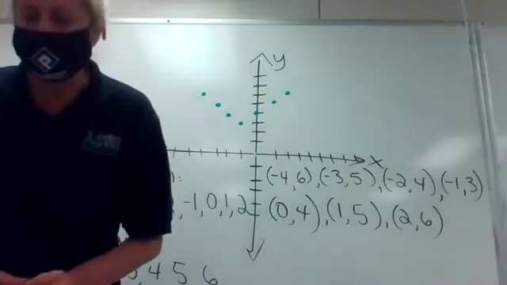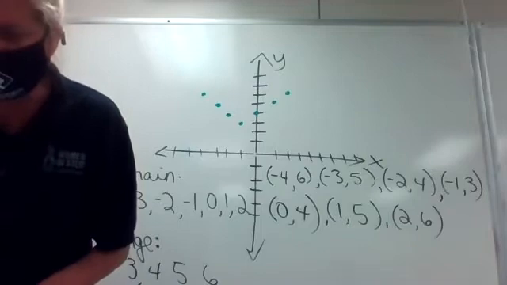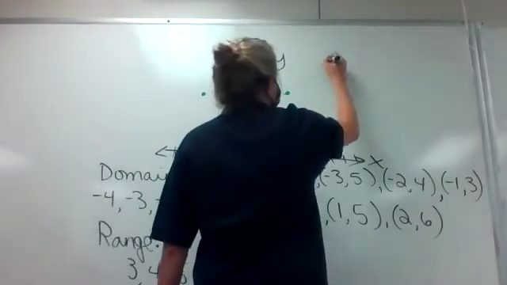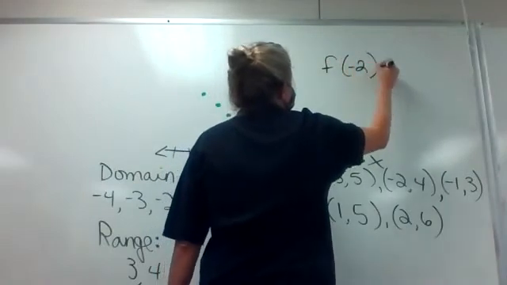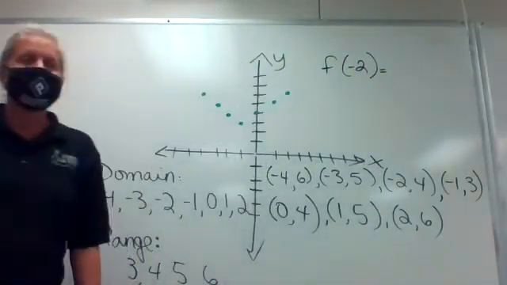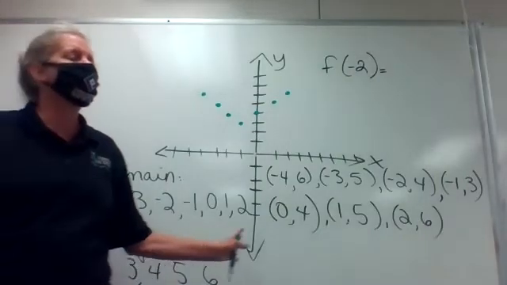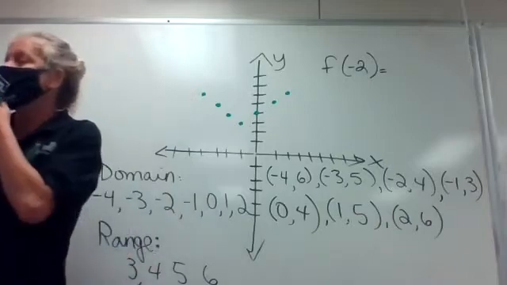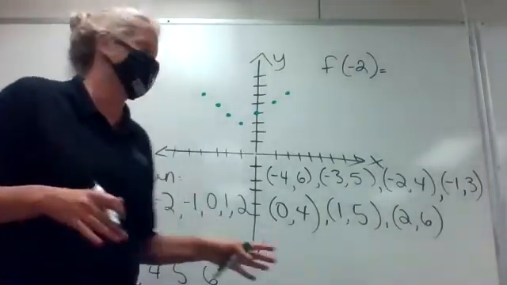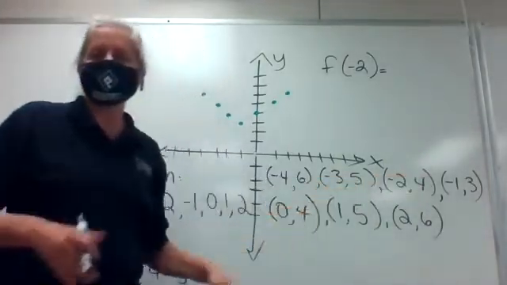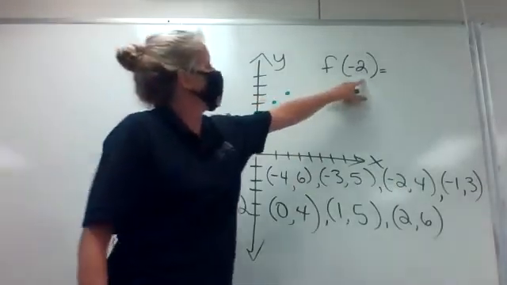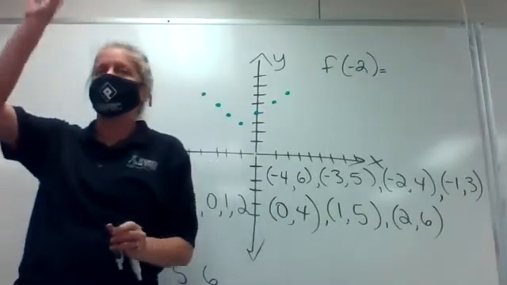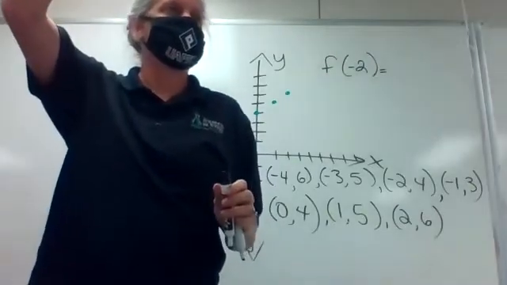The other thing it's going to ask you on this one is two things. It's going to ask you to find f of -2. So now that you have the ordered pairs written out along with the picture of the graph, you can use whichever one is easiest for you. It's easiest for me to use the points written out. Okay? What this means is the number that's inside the parentheses is always representative of the x.